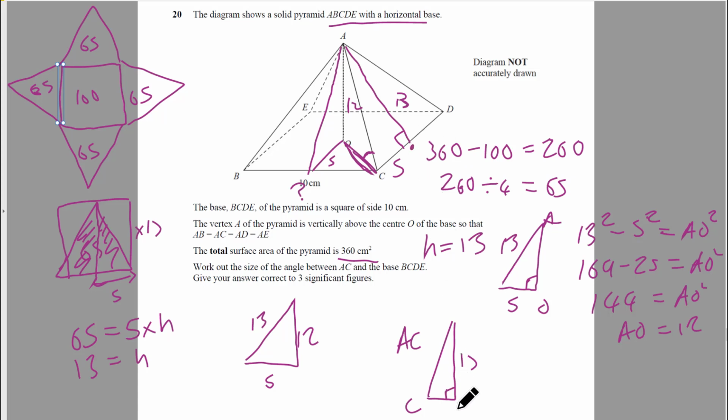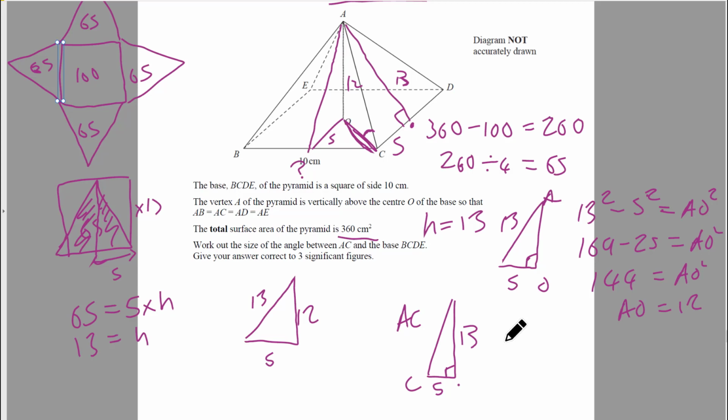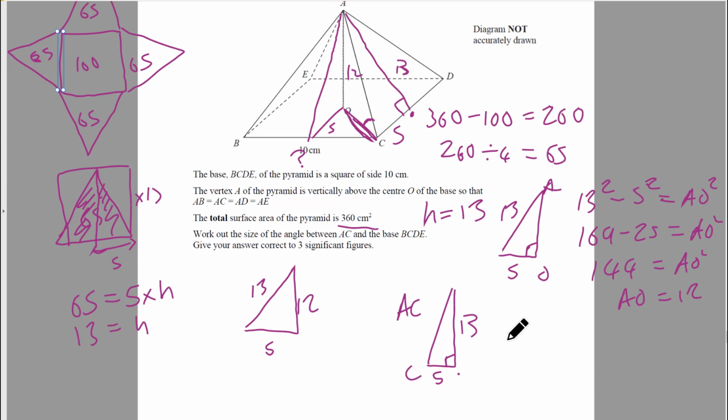So that's that point here. We know that's 5 because it's half of that. So AC is going to be 13 squared, because we're finding the longer side, plus 5 squared. And we're just going to jump a step. It's going to be the square root of all that. So AC is going to be equal to 13.93. So 2 decimal places should be enough because we're rounding to 3 significant figures.